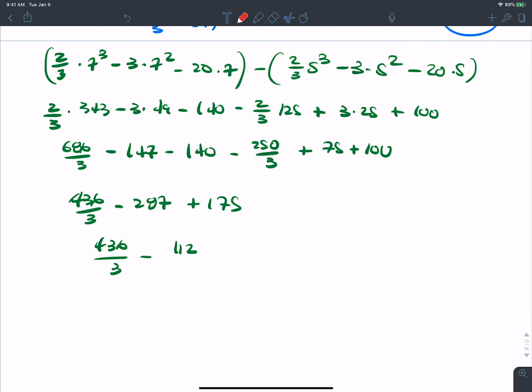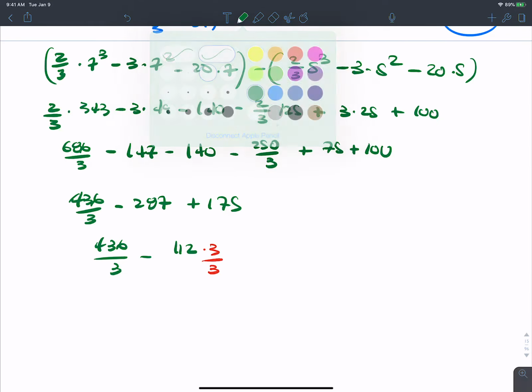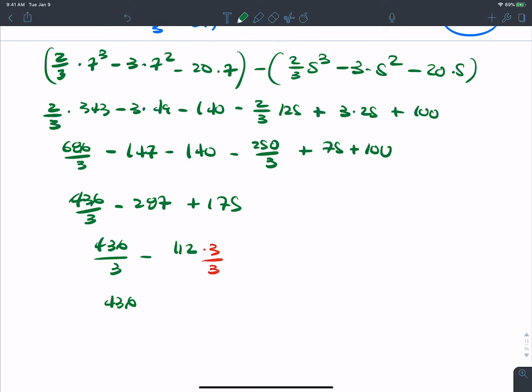And multiply your top by 3, divide the bottom by 3. So in green here, we get 436 thirds minus, I don't know what's going on there. Got to get rid of that.